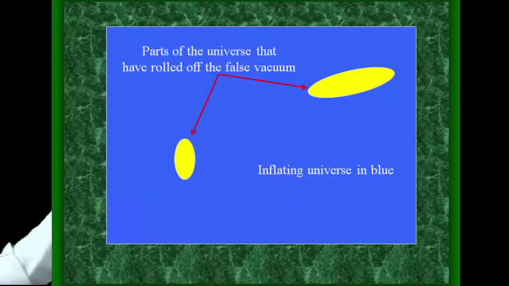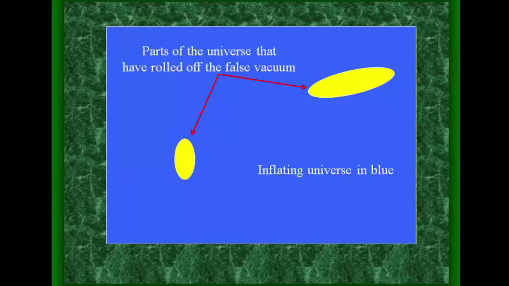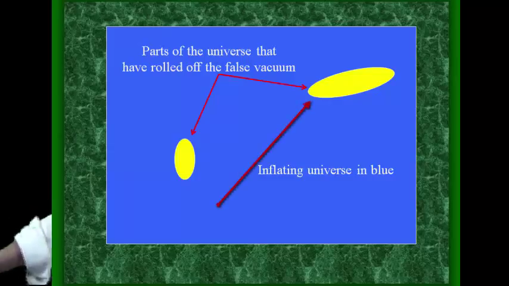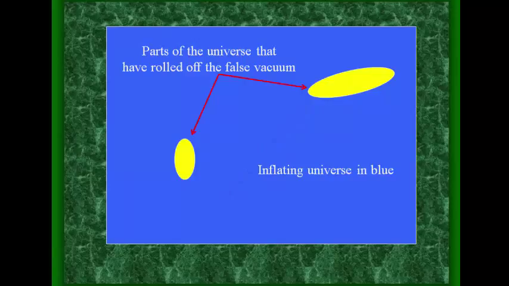You've got our universe as one of these areas that stopped inflating in the yellow here. And the laws of physics in that universe were set when we rolled off the Mexican hat. But maybe another universe, maybe the one up here in the upper right, fell off the hat in a different direction, and the laws of physics are different in that multiverse, if you will.